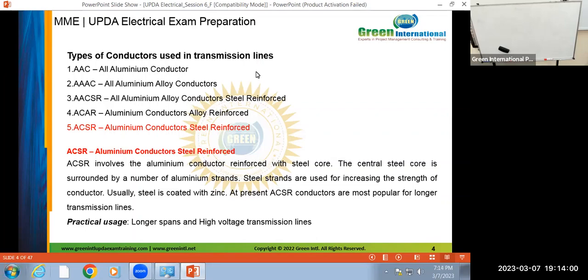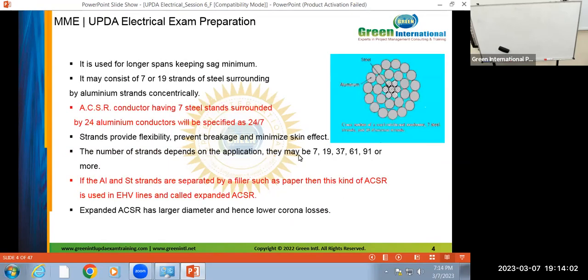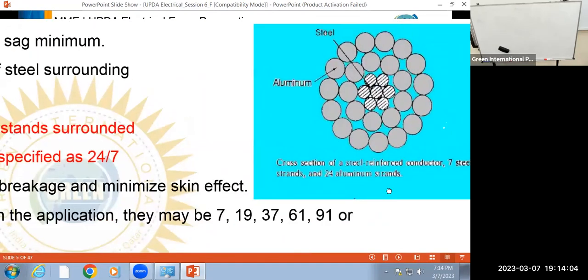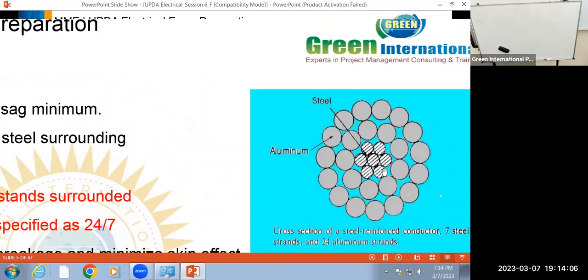Just like this. Inner we have a steel wire, outer we have aluminum wires. That's why we say steel reinforced. That is the peculiar reason for putting a steel wire in the inner part, which we discuss at a later stage.